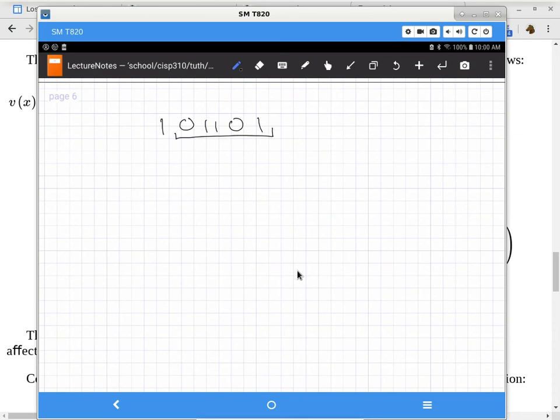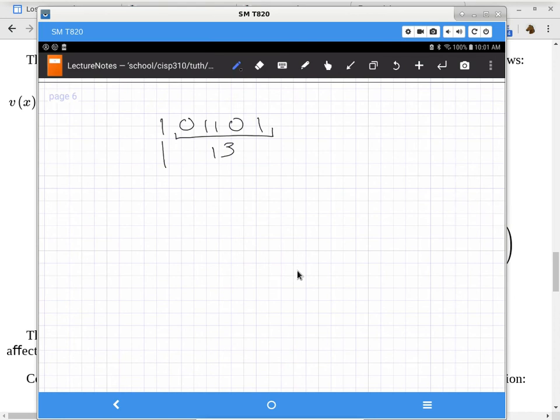So this part alone is representing a quantity of 13. This one is telling us 1 of what? It's 1 of 2 to the power of 5 because we got 5 digits to its right-hand side. So what is 2 to the power of 5? 32.